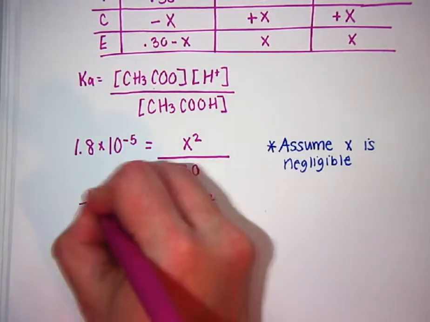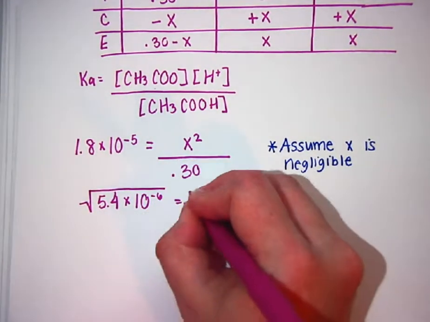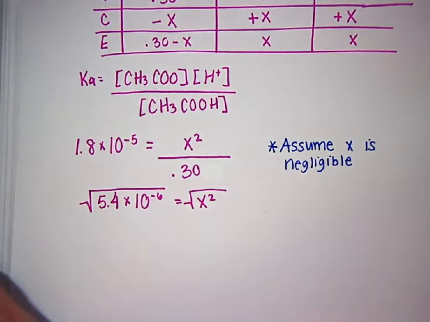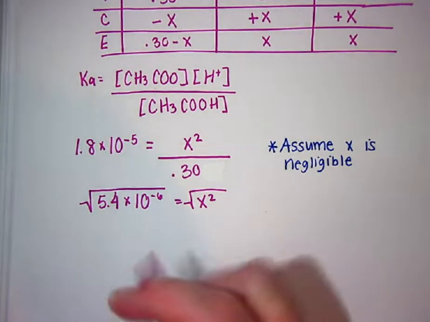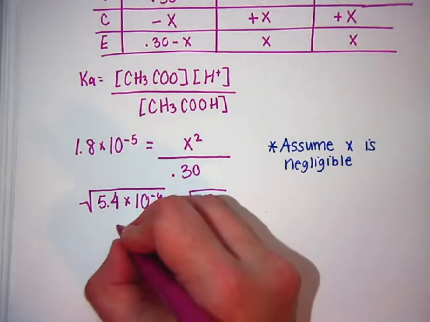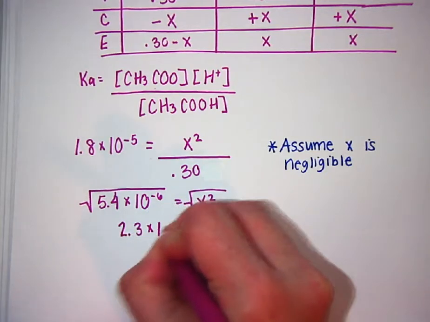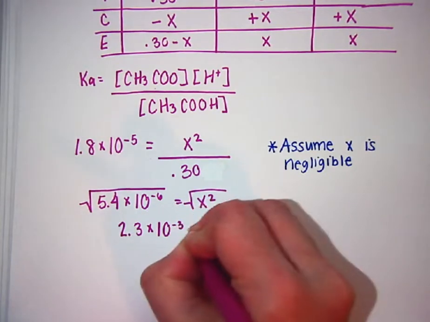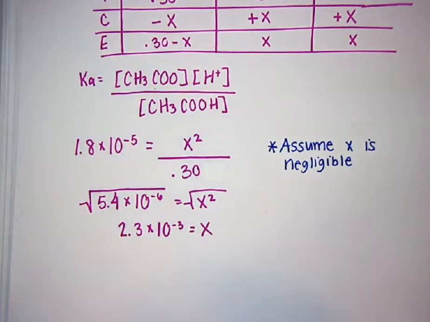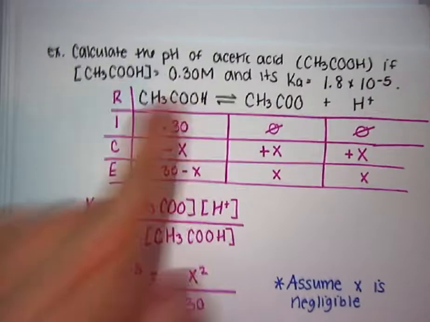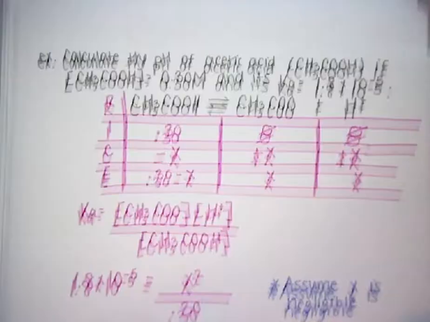To solve for x, we can take the square root of both sides. And I get like 2.3 times 10 to the negative 3rd is equal to x. So remember, we are trying to calculate pH.